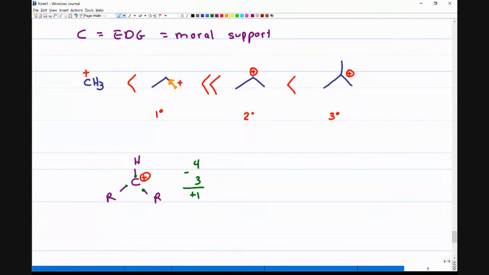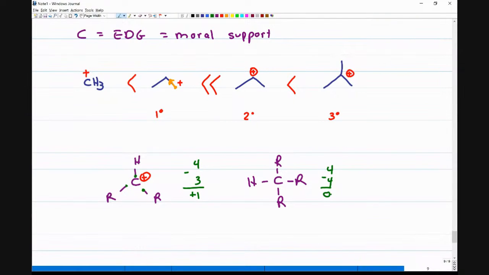But if I have a quaternary carbon, so for example, something that looks like this, these are all carbons attached to it. Let's actually draw it out so we can see what's going on. Carbon, R group, no, not hydrogen. Yeah, I guess it could be hydrogen because this time I'm just looking for the carbocation. Should have 4.